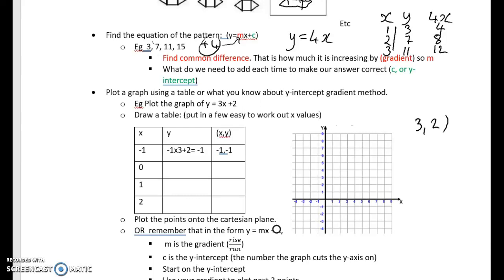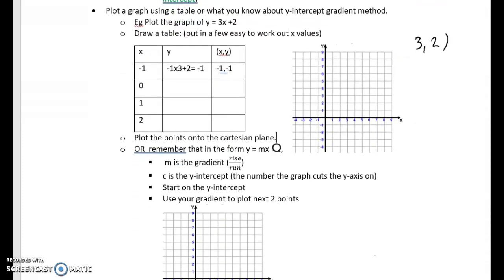So 4, 8, 12 would be my outputs, or my y values. I know that to get the actual value from each of those, I need to minus 1 from 4 to get 3, and minus 1 from 8 to get 7. So my c, or what I would have started at, would have been negative 1. So that is another one that you will need to remember, finding the equation of the pattern.